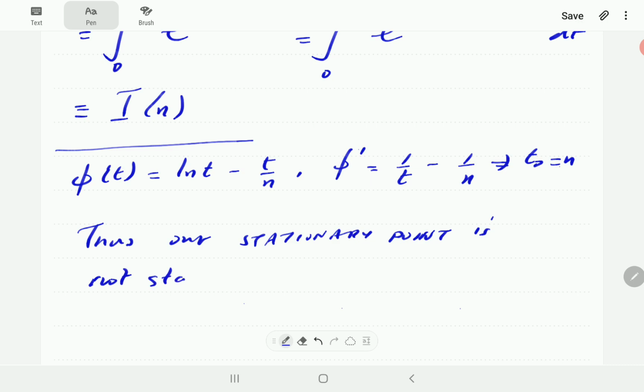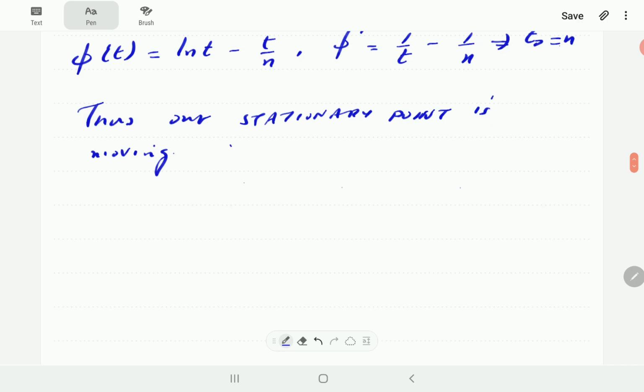Okay, so our stationary point is moving. So this is going to be a bit of a problem, but we can work around it.